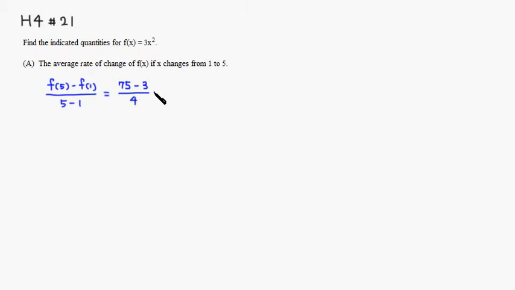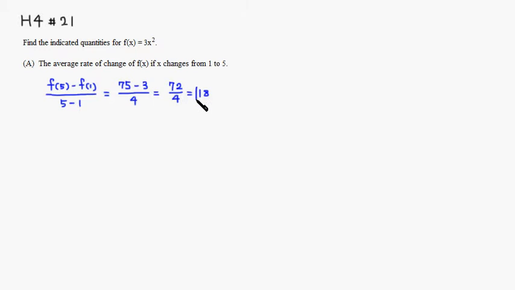So this is equal to 75 minus 3 is 72, and divide by 4. We can squeeze 4 in 7 once, and you have 32, so 4 times 8 is 32, so it's 18.